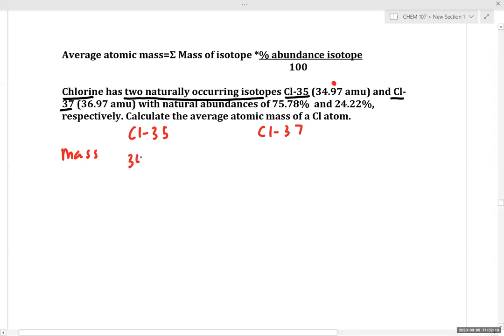Yep, exactly right. And the units in this case are AMU, which is a unit of mass. It represents a very, very small unit of mass. This is the same unit of mass that we discussed when we talked about protons, neutrons, and electrons. Now for chlorine-37, what is the mass of chlorine-37?